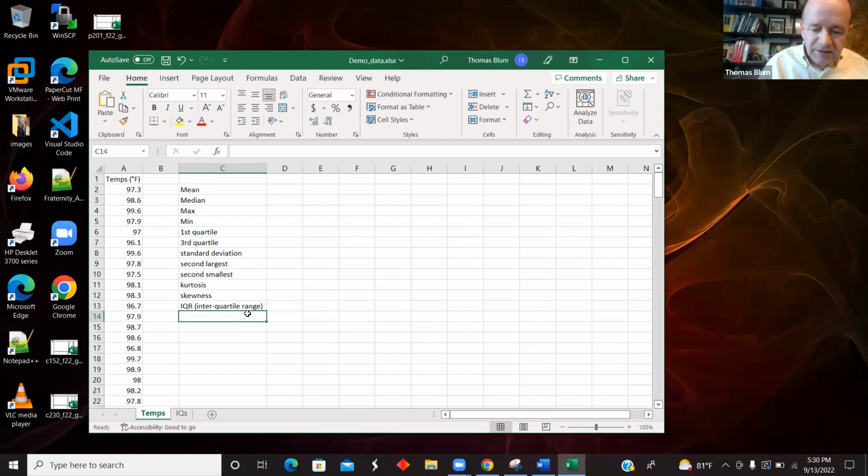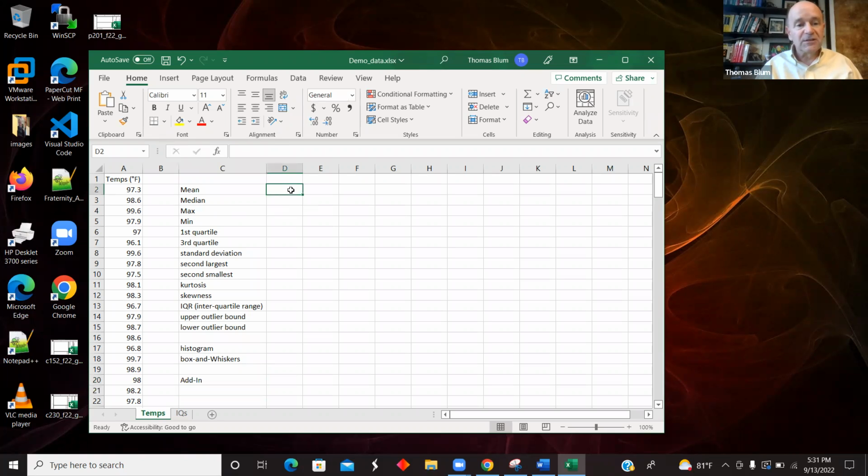So let's say there's an upper outlier bound and a lower outlier bound or something. And then I'll just put here to remind myself, I'd like to make a histogram. I'd like to make a Box-and-Whiskers plot. And then I'd also like to show the add-in, perhaps see how long this is going to take me.